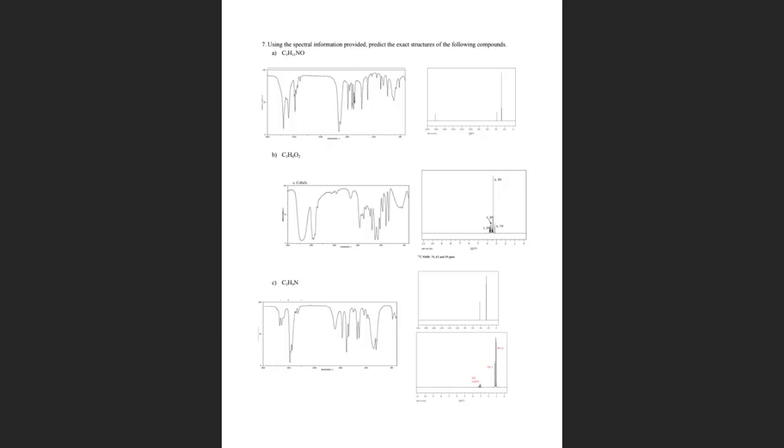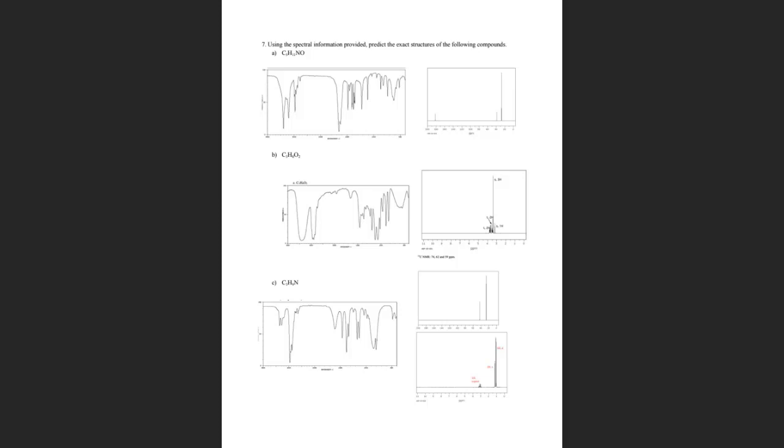Let's take a look. How do you guys feel about, actually no, let's do it anyways. Let's start from the bottom of this page and we'll work our way up.